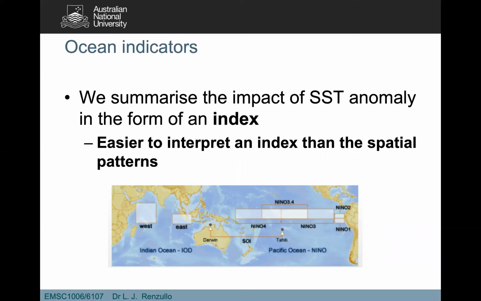So we look at, for example, rainfall anomalies, and we compare them to the previous 100 years. Similarly with sea surface temperature, it's not just what's happening in any given location, but how it is different from other parts. Now, to summarise all that, we typically convert that information into an index, because indices are a lot easier to interpret than the spatial patterns of variations in anomalies.